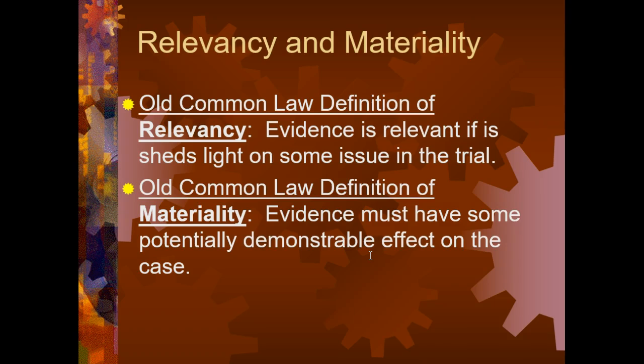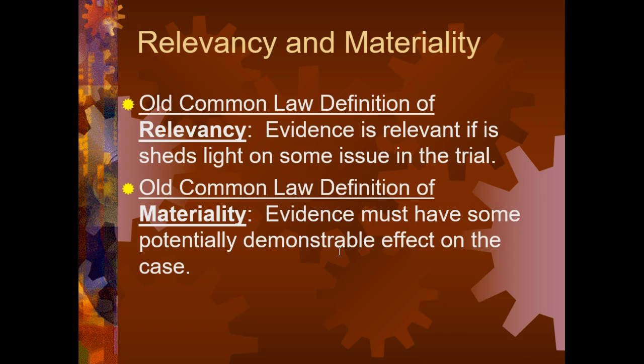In essence, if someone's testimony about the defendant's having some odd behavior before a murder took place that was consistent with someone who was preparing for a murder, for instance, that might be relevant evidence because it can shed light on the issue, which is who did the murder in the trial. So it's very broad. We'll see that when we get into the Federal Rules of Evidence, it's a little more narrow, but it is very similar.